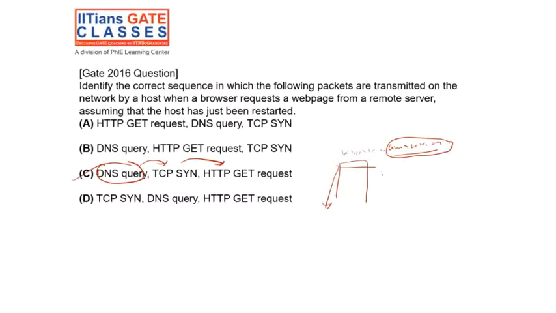It's not an IP. So first of all, we need to send a DNS query to the DNS server to get the IP of amazon.com. Only then can we add that IP in the IP header, so that we can go to the destination.